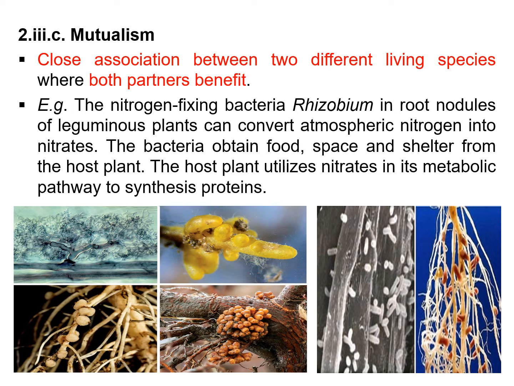For example, this is a common example we always associate with mutualism. The nitrogen-fixing bacteria called rhizobium in the root nodules of leguminous plants can convert the atmospheric nitrogen into nitrate, where in this case the rhizobium obtains food, space, and shelter from the leguminous host plant.